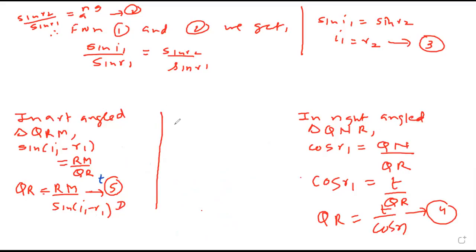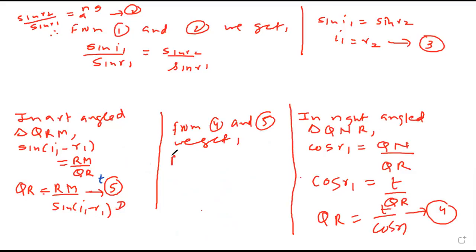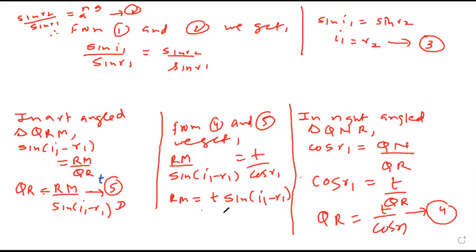We are equating them, so from 4 and 5 we get RM upon sine of I1 minus R1 is T upon cos of R1. So RM is T into sine of I1 minus R1 upon cos of R1. What is 1 upon cos? Sec.